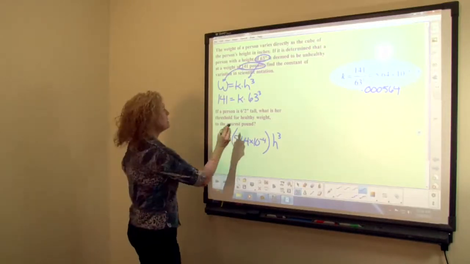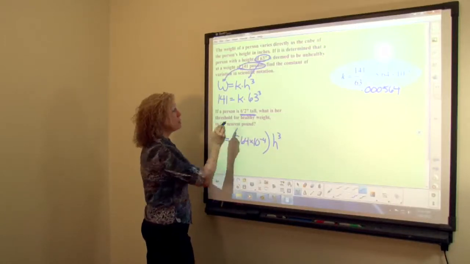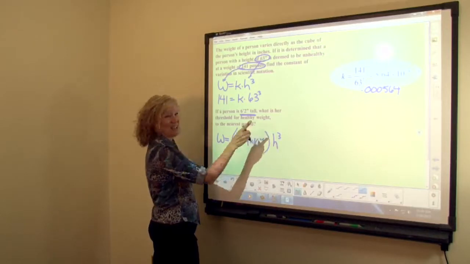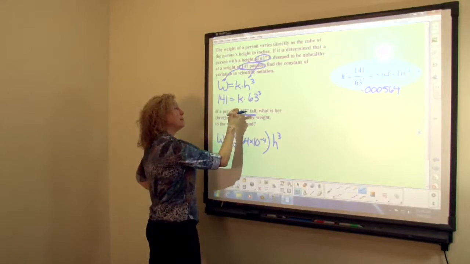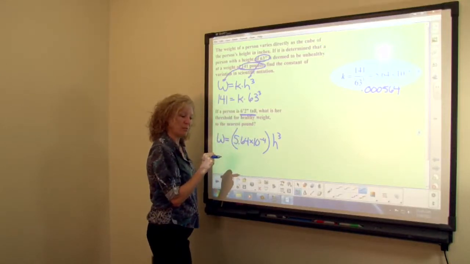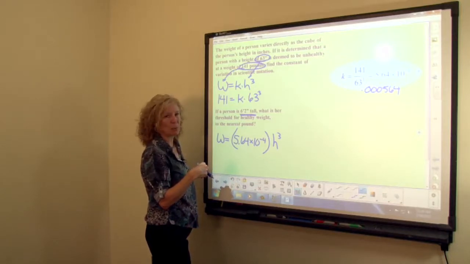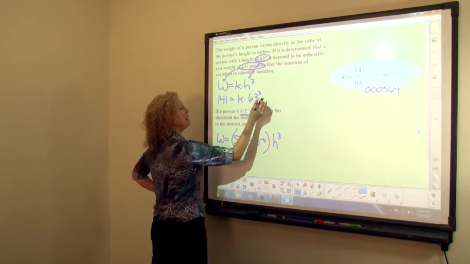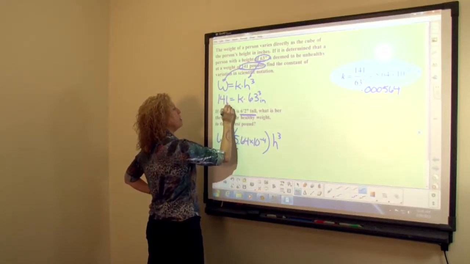Well, now, what am I going to do with the 6 foot 2? Do I put 6.2 in here? Well, that brings up an interesting discussion because our measurement system here for length is not a base 10 system. I can't use 6.2. And besides, remember that this was all dependent upon inches, and this was pounds.